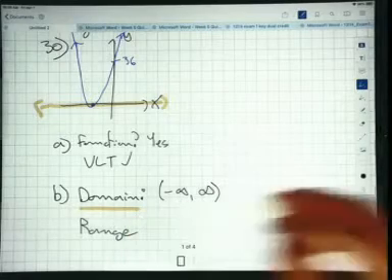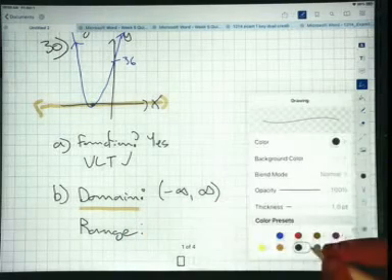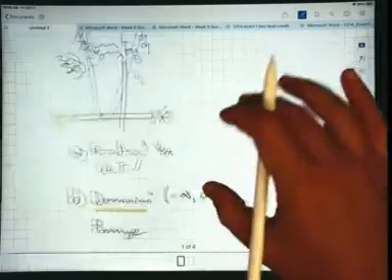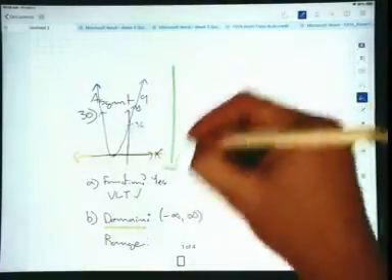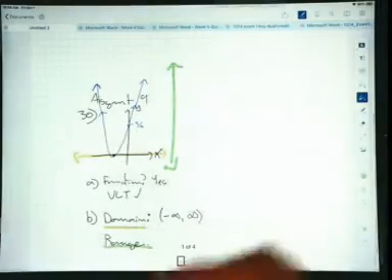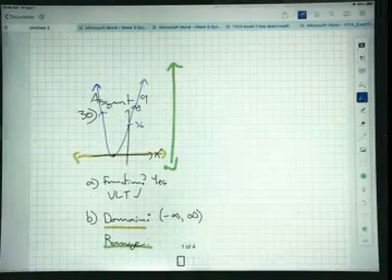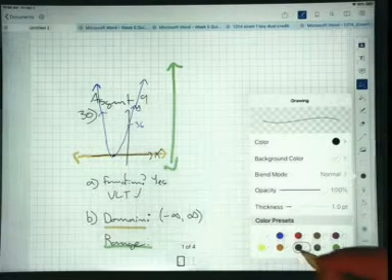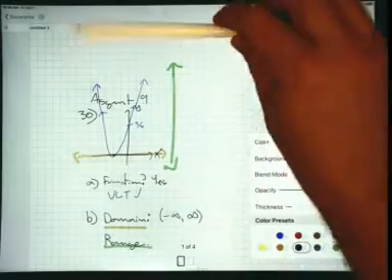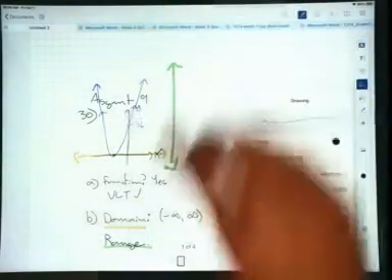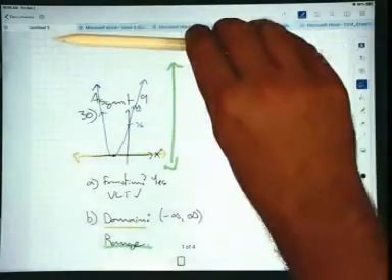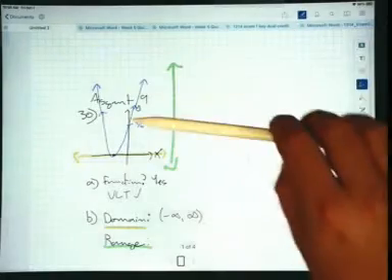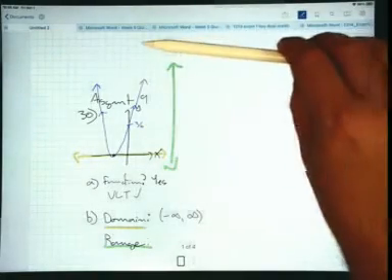Your range is the set of y values. It's what y values are represented on this graph. So our range, again, if I'm going to act like a scanner, scanning up and down, if I scan way up here, yeah, the graph is going to interact with this line.